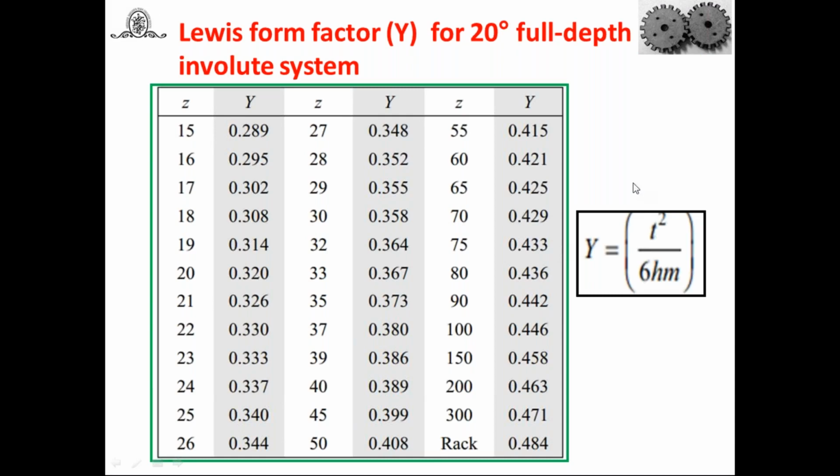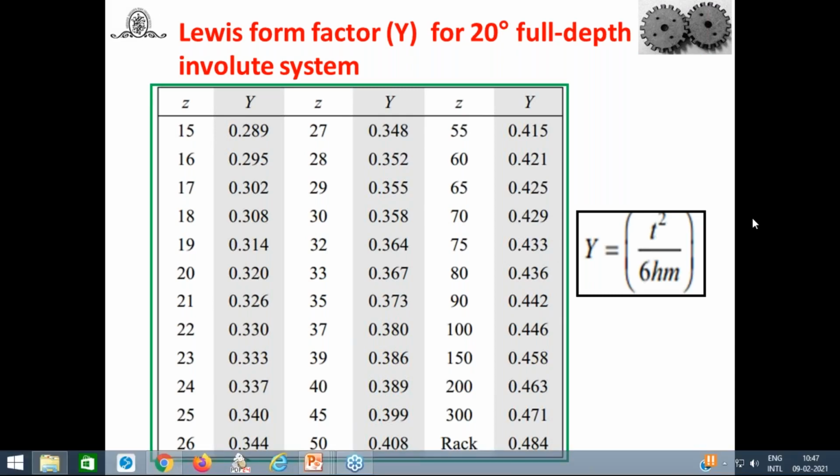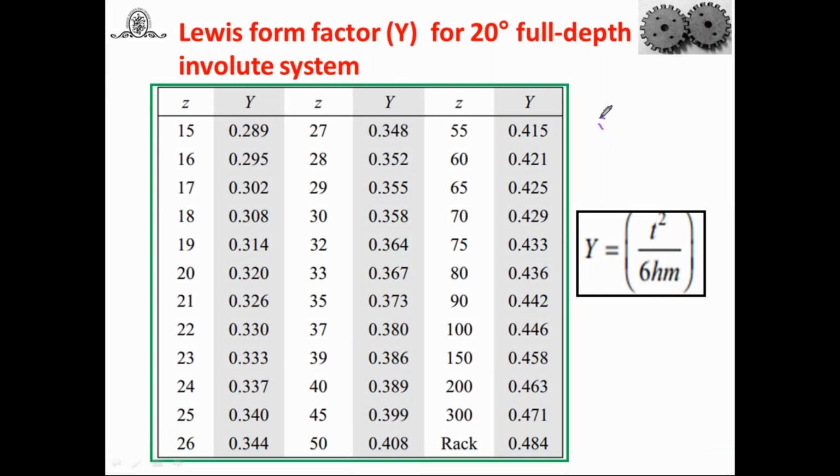While deriving the Lewis equation, Sb is equal to m into b into sigma b into Y. I am repeating many times. This Y is replaced by the term t square upon 6 into h into m. Physical significance means its role.